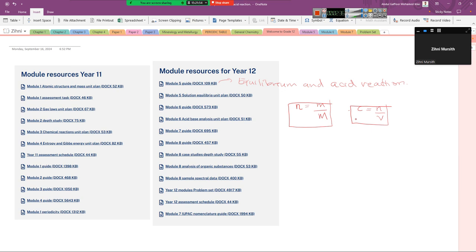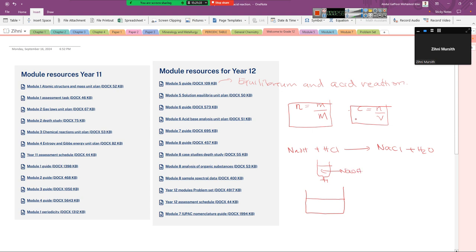For example, let's say we have NaOH plus HCl gives you NaCl plus H2O, right? Basically we will call it a titration reaction. So we will take some amount of HCl in a beaker and we will titrate it with NaOH.